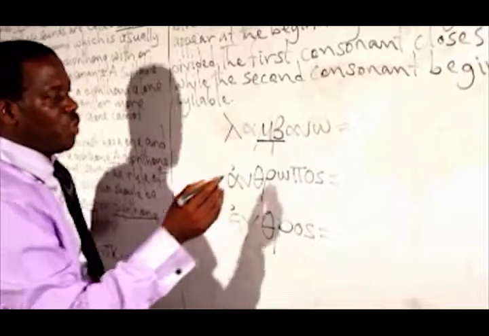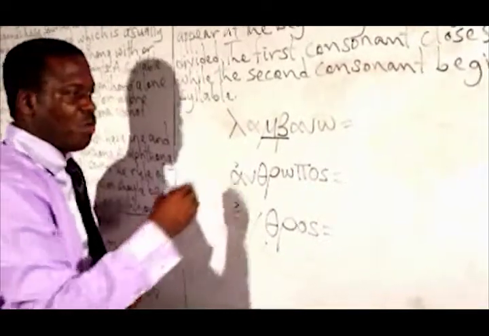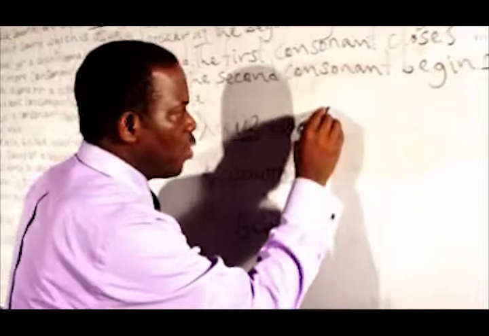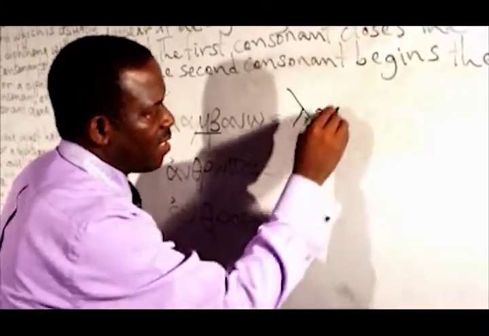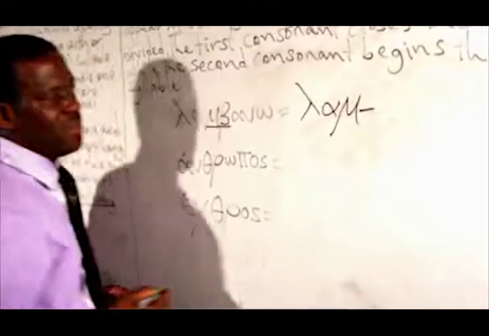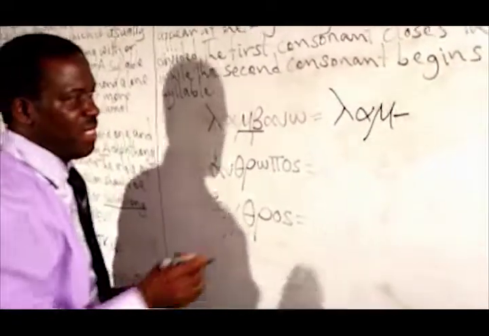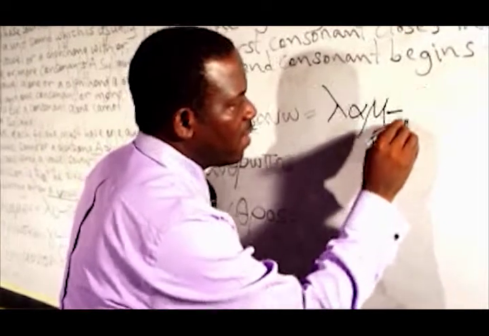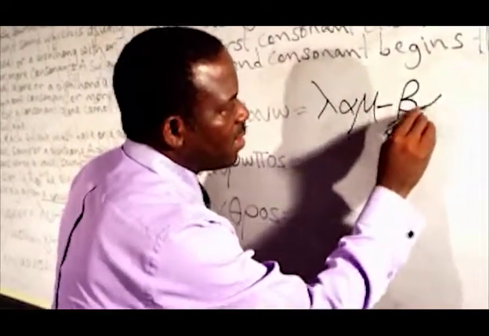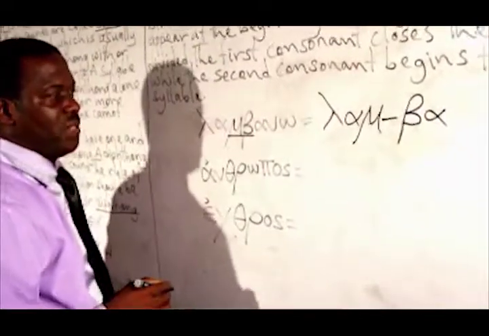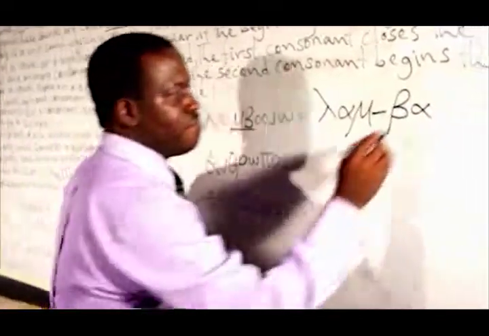The first one will go with the first syllable: lam. The second consonant goes with the second syllable: lam, ba.